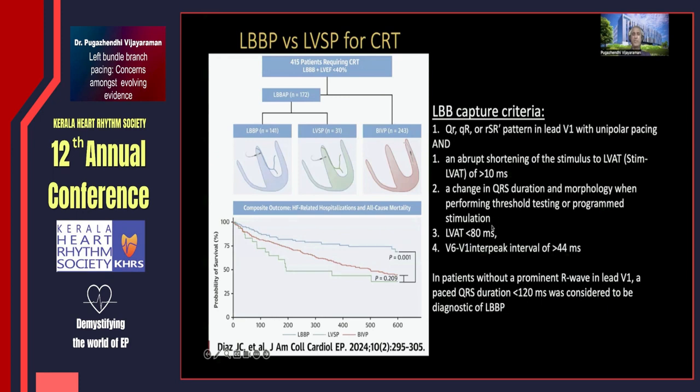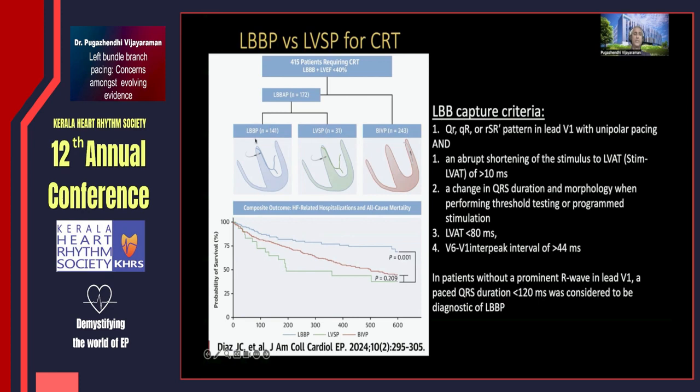If you have LV activation time less than 80 milliseconds or interpeak interval, I showed you many examples where you don't have left bundle branch capture despite having this. And despite that, they showed a difference in clinical outcomes of heart failure hospitalization and all-cause mortality in a series of patients comparing left bundle branch area pacing with biventricular pacing.